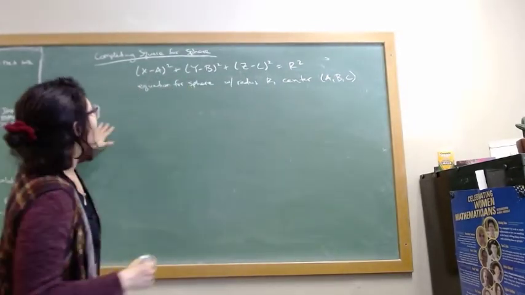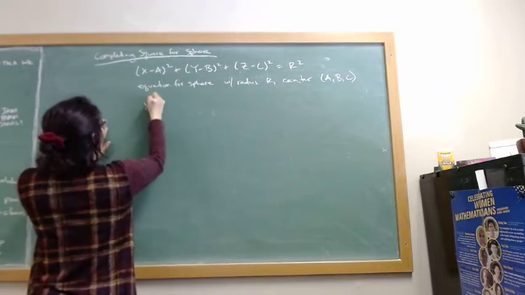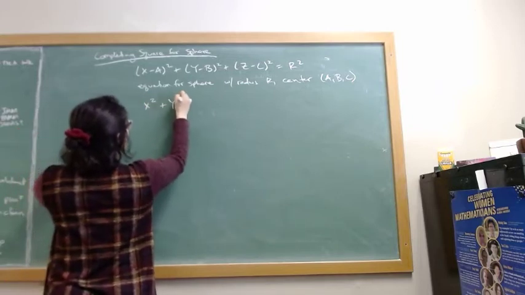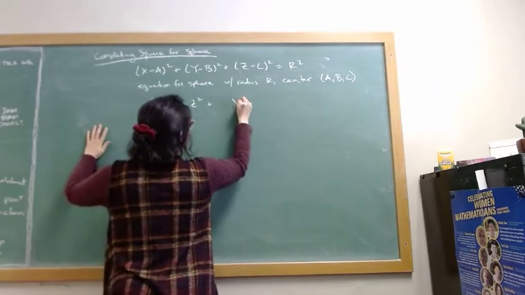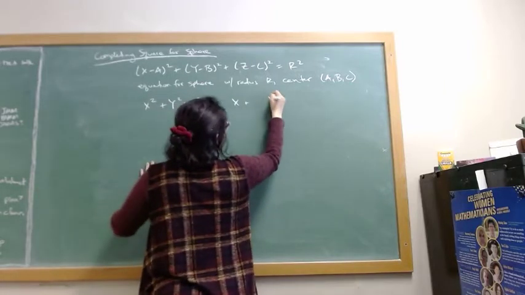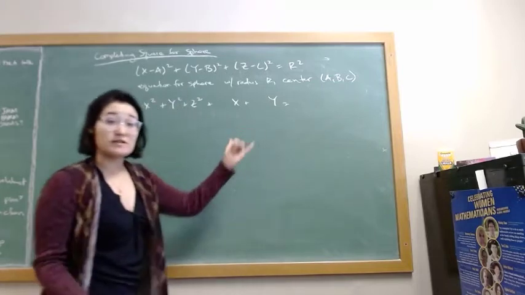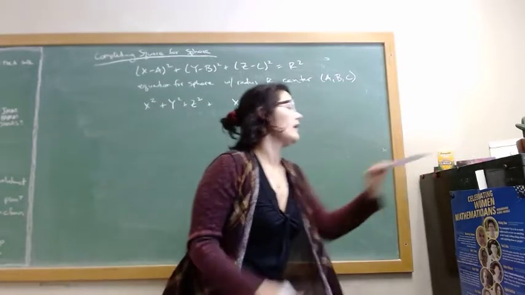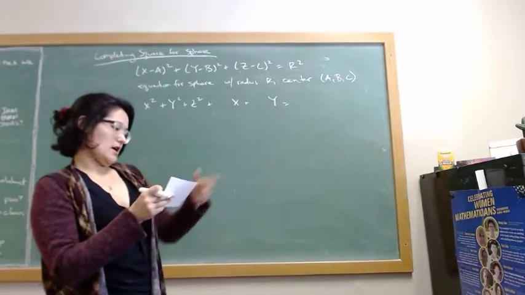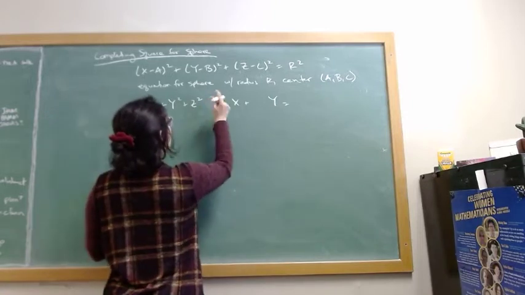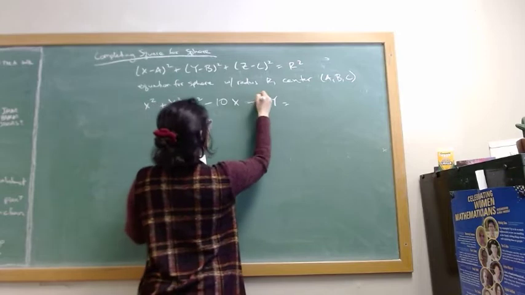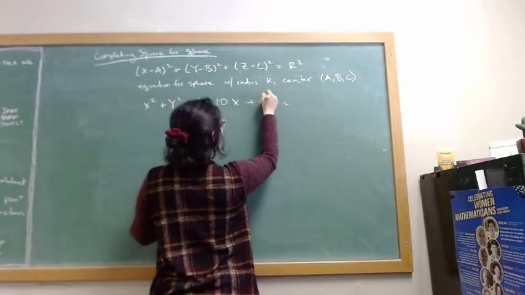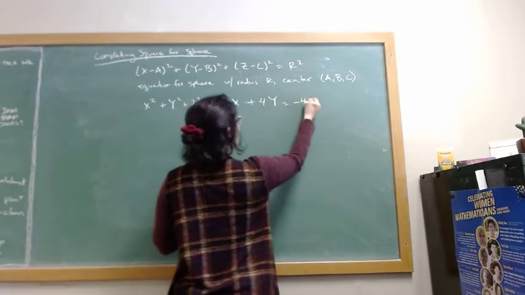And in your web work, you would have been given something that looked like x squared plus y squared plus z squared plus some number times x plus some number times y is equal to some number. I pulled one example here where we've got minus 10x plus 4y is equal to minus 4.